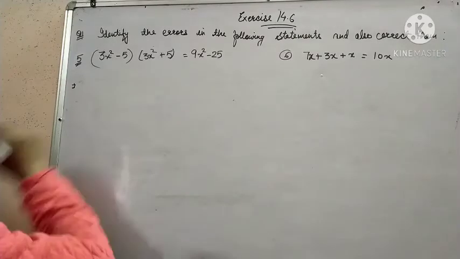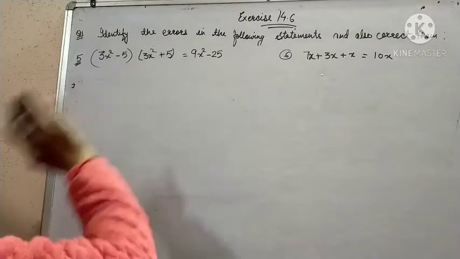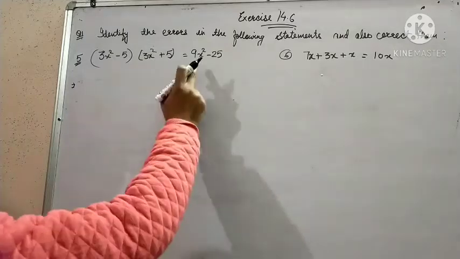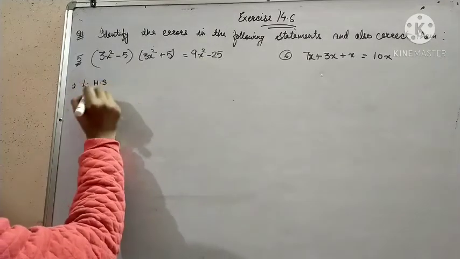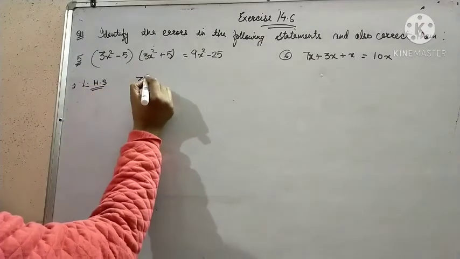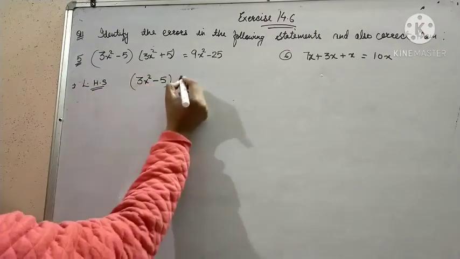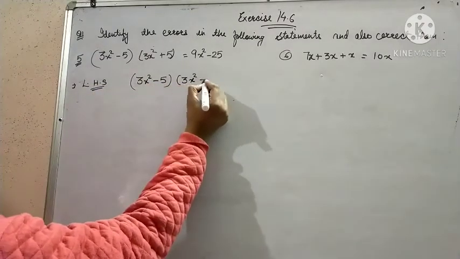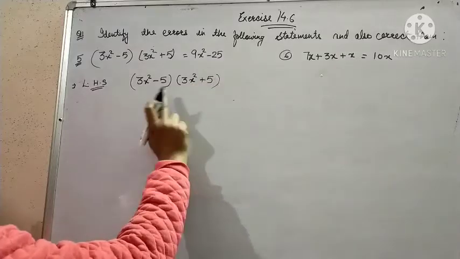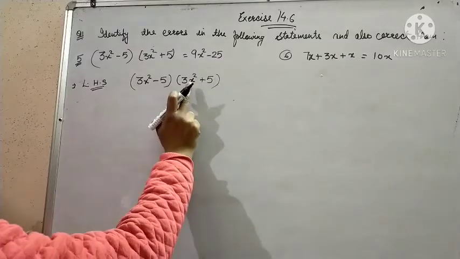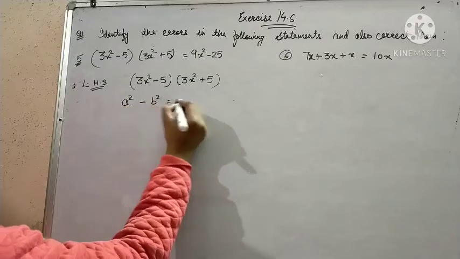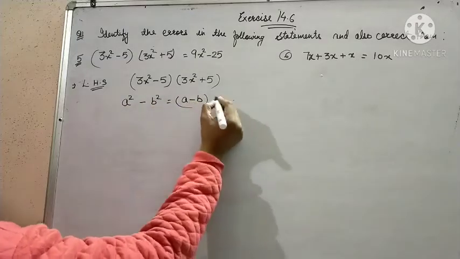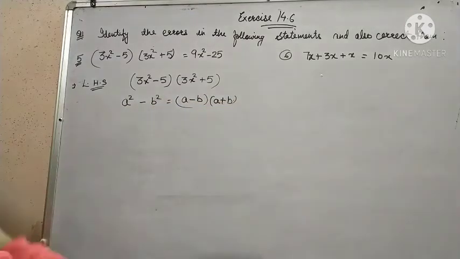5, it is given (3x² − 5)(3x² + 5) equals 9x² − 25. We will take the LHS: (3x² − 5)(3x² + 5). Now it is (a − b)(a + b), and you know that a² − b² is equal to (a − b)(a + b).